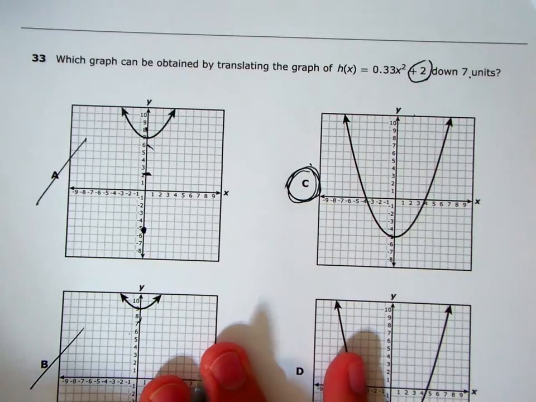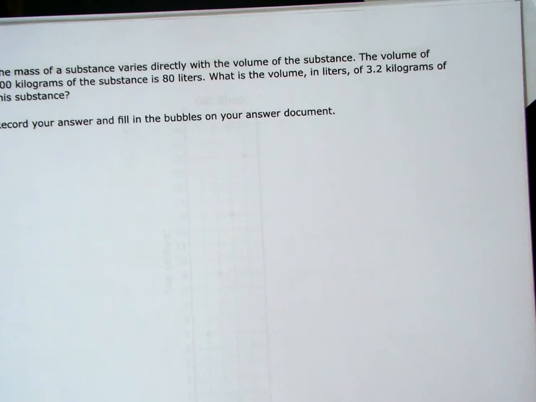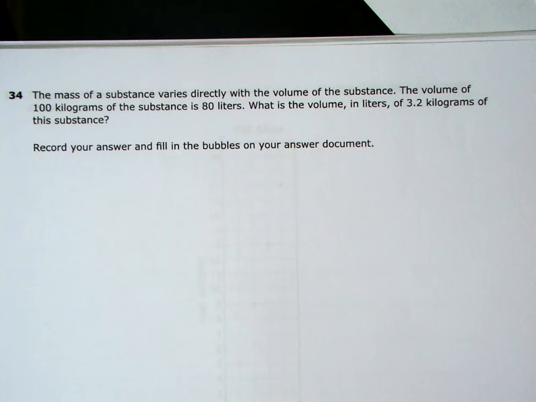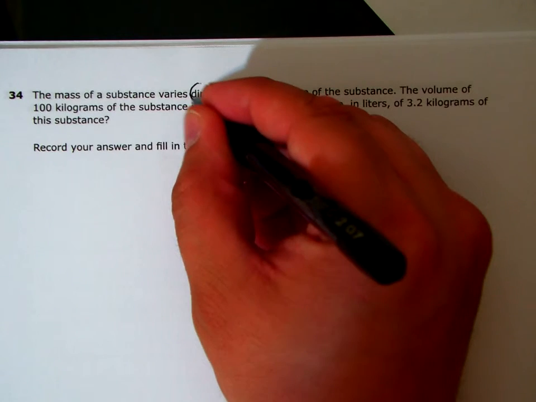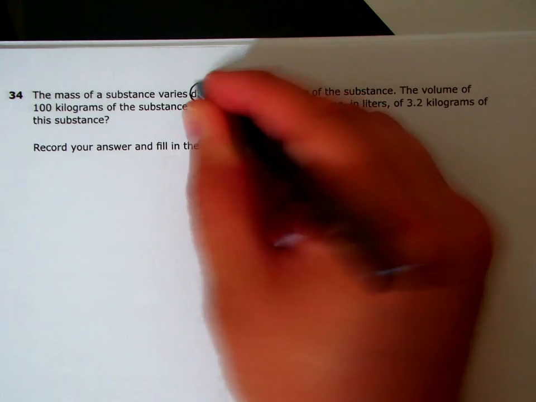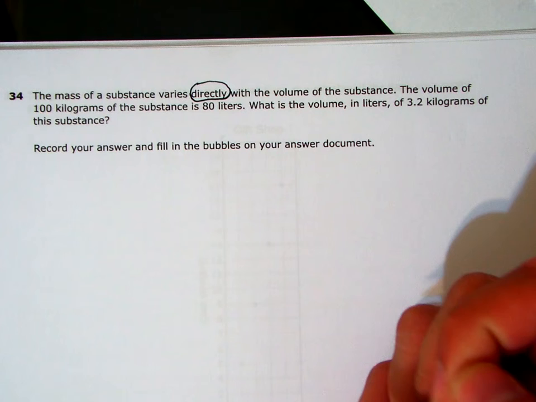Okay? Here it says, whenever it says varies directly, that's straightforward.